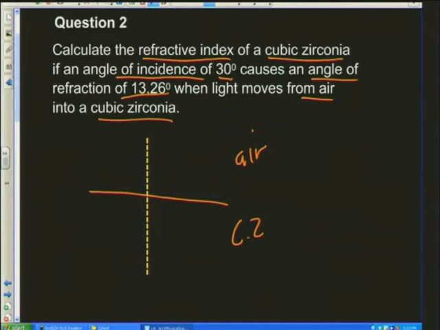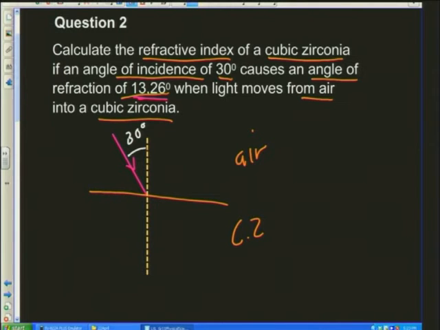At this point, the angle of incidence is 30 degrees, so I'm going to roughly draw it like that. Remember, the angle of incidence is that one, measured from the normal. That's 30 degrees. That's in air, and the beam of light is traveling in, and now we're told it has the angle of refraction that is 13,26. So let me put that in.